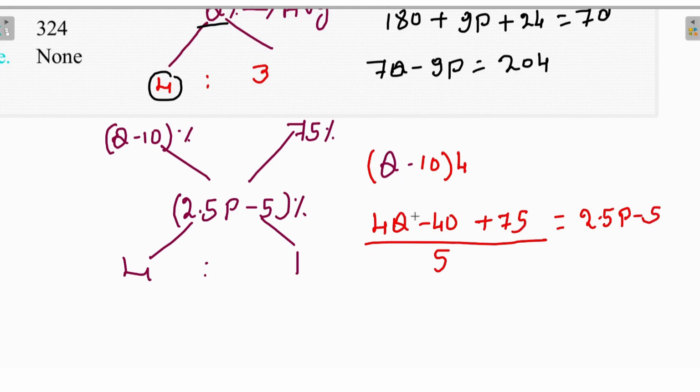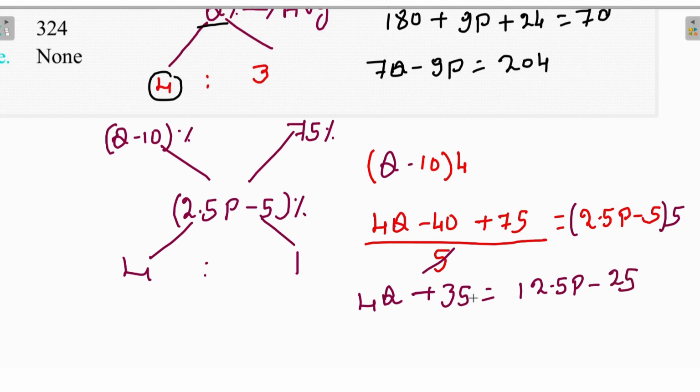Here the percentage gets cancelled. This 5 will go here, which means 4q minus 40 plus 75 is 35. 4q plus 35 will go to that side. Okay, I can write the equation: 4q plus 35 is equal to 12.5p minus 25.